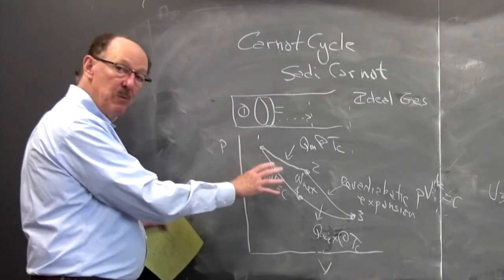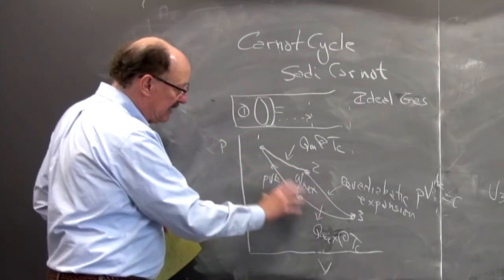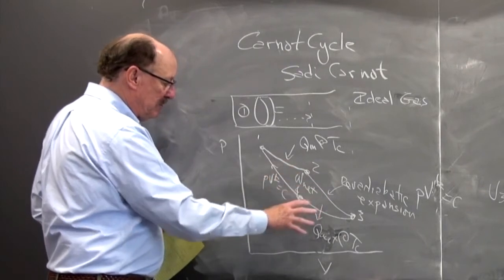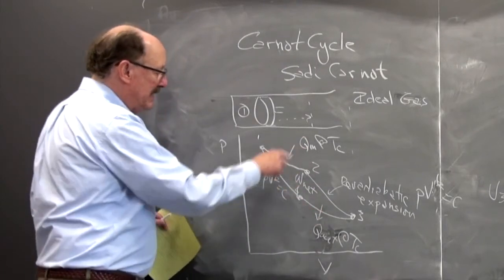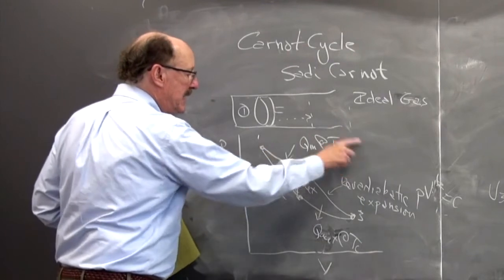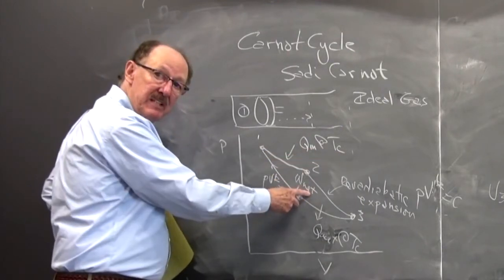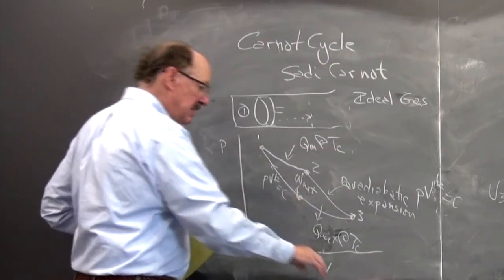So we have something that enables us to look at this. Now what we want to be able to do is to take this cycle and figure out an expression for how well the heat in got converted into net work, and that gives us the efficiency of the cycle.